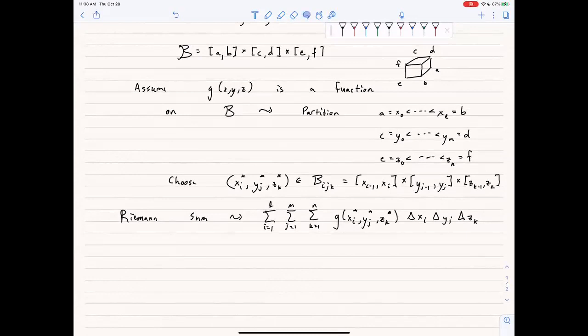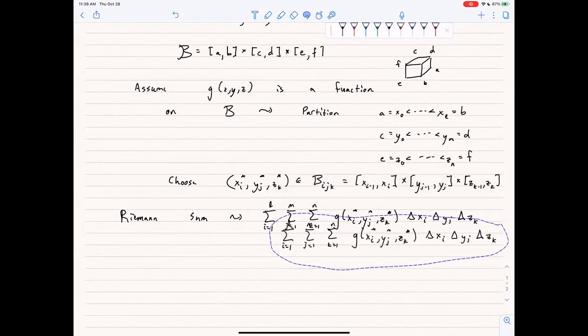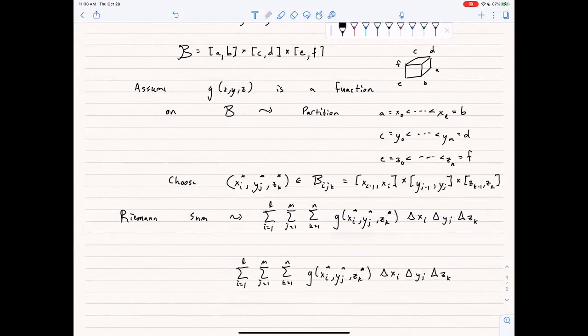Okay, so what is the integral? The triple integral is going to be, by definition, over our big box B, G(x, y, z) dV, V standing for volume, equal to the limit over all of our partitions, where we take the norm of the partition, which is the volume of the smallest box in our partition, and let that tend to 0.